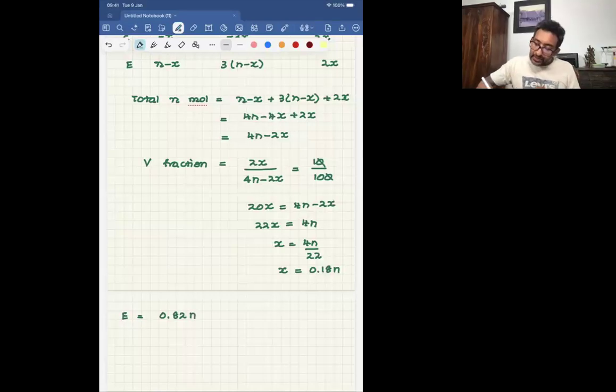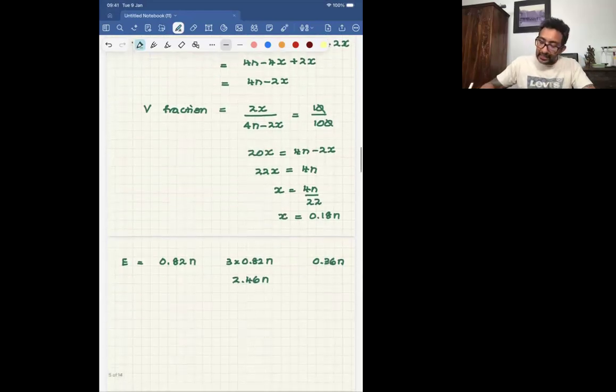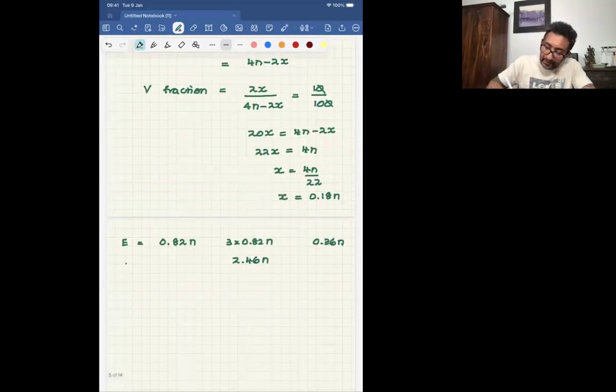That is 3 times 0.82 n. Here, 3 times 0.82 will again be 2.46. Everybody understood that? This is the equilibrium number of moles.